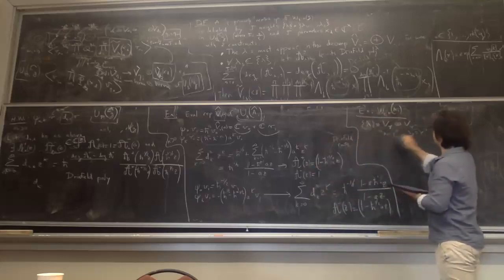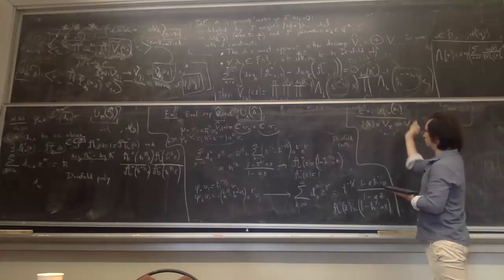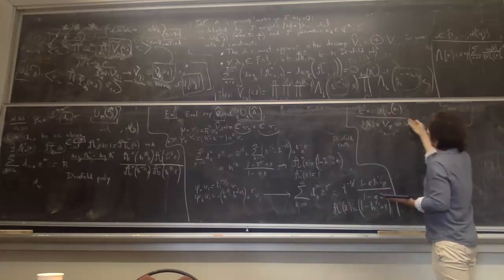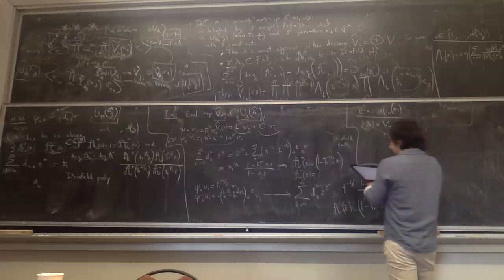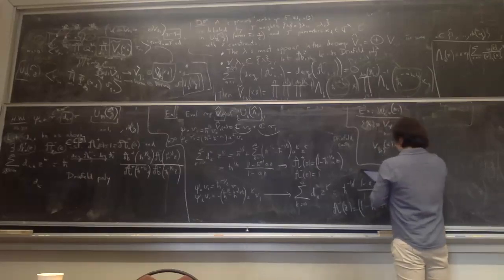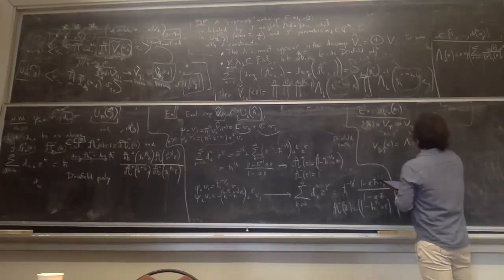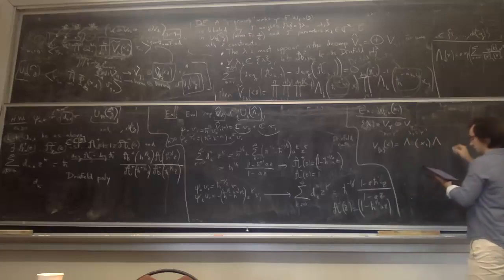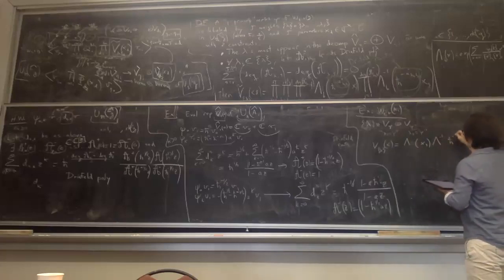And of course, if I take those two weights, they belong in some fundamental representation, which is the fundamental representation in this case. And so I would construct Vx as lambda x1, lambda inverse. I'm normalizing, that's fine.